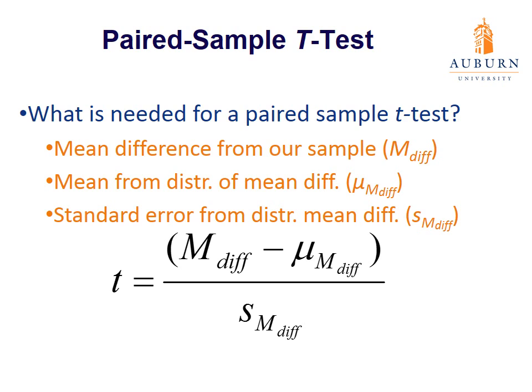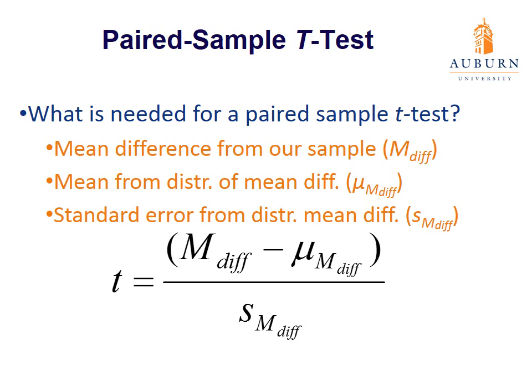Essentially, in the numerator we're taking our two samples and subtracting them from each other to get a mean difference in the data that we collect. We then subtract the population mean difference. The problem here is that we actually don't know what the means are in the populations. But because of our fifth assumption, we can assume that the difference between those two populations based on the null hypothesis will be 0.